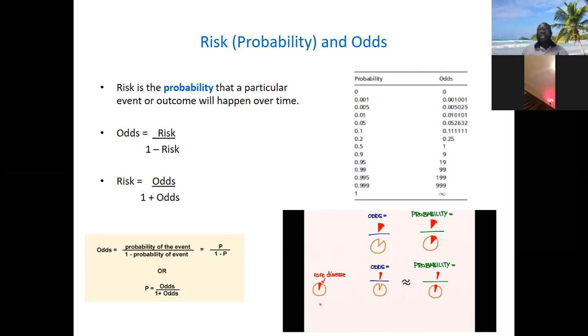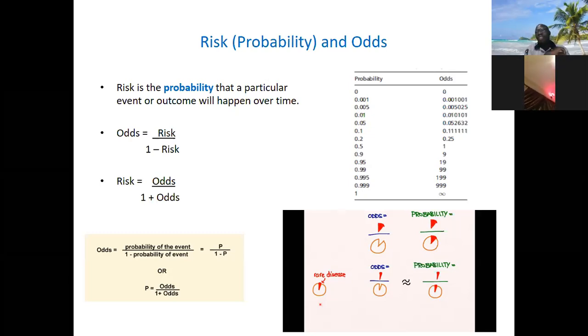So you see, odds is probability over 1 minus probability. That is why odds is risk over 1 minus risk.